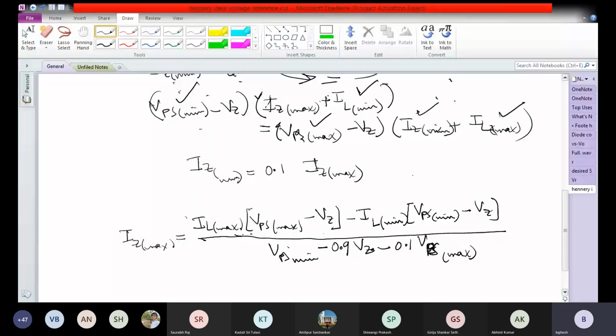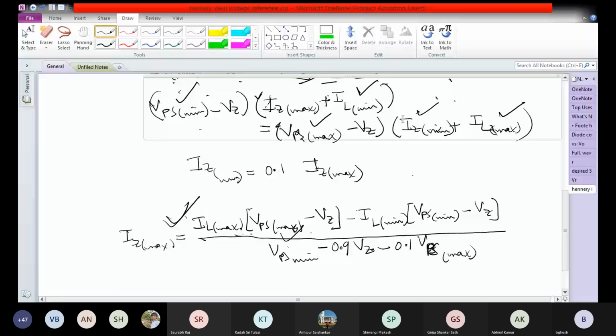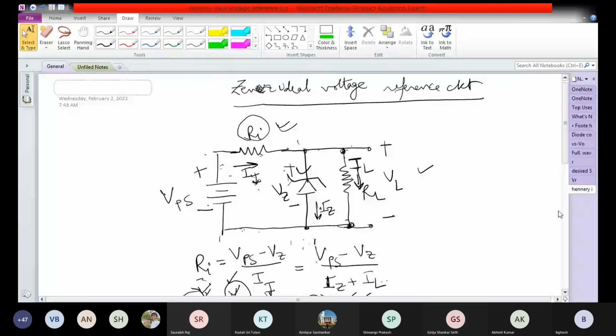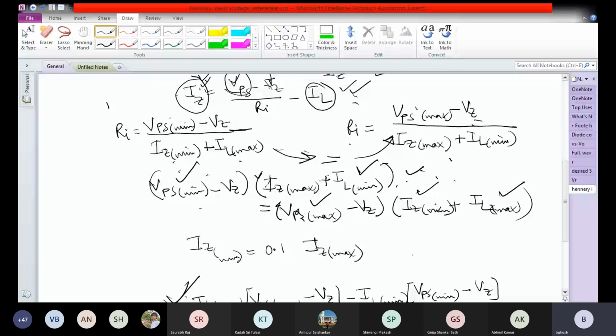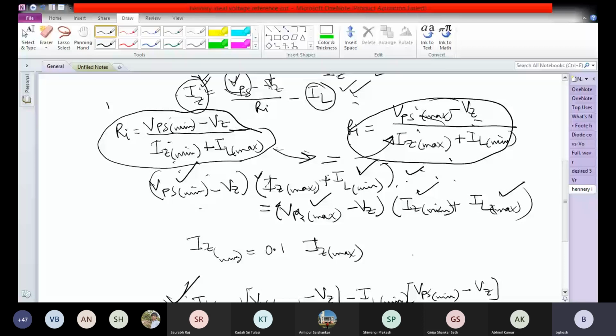So after we find IZ max, either we use this equation, we can find IZ min, or we can use this equation to find out the value of Ri. Because IZ max means IL min, we can plug in IZ max here. VPS max is given, IL min is given, Vz is given, we know Ri. Or from IZ max, we can find IZ min.